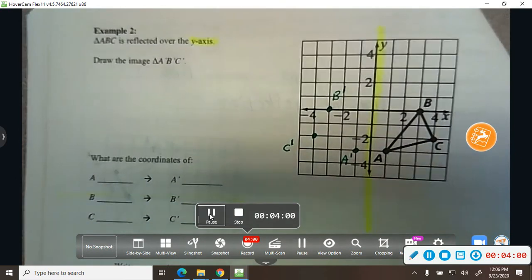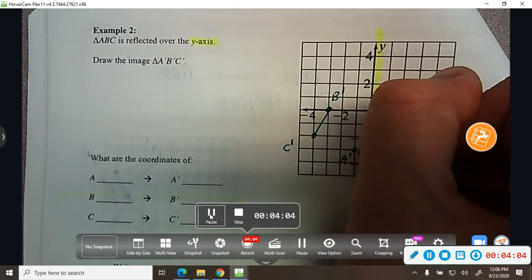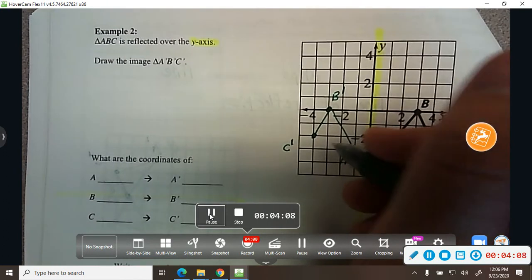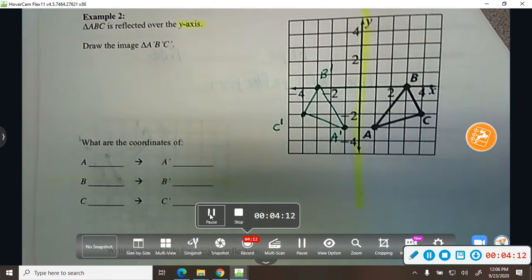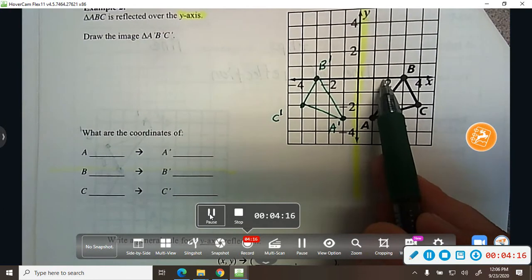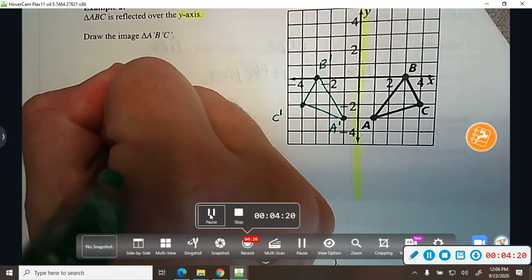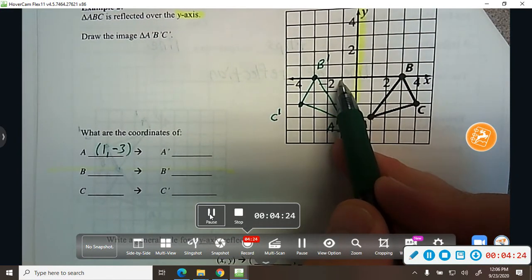And then I make my figure as it goes from here to here, here to here, there to there. And so let's see if there's a pattern. A started off as (1, -3). And then A ended up at (-1, -3).